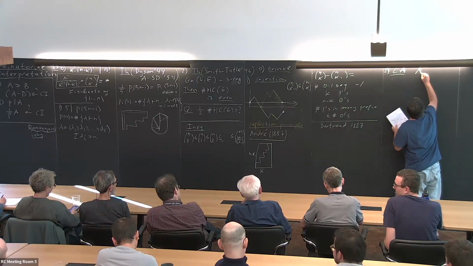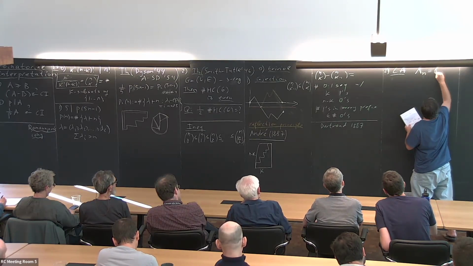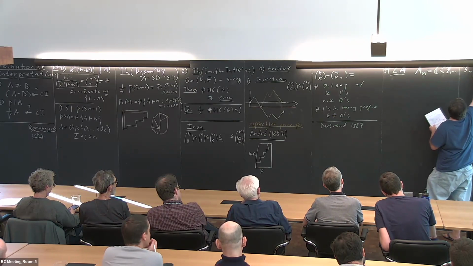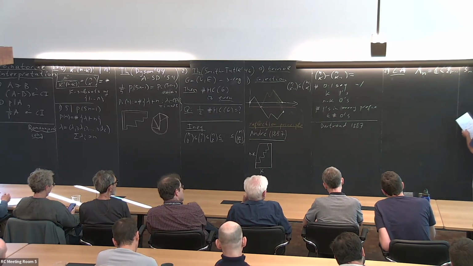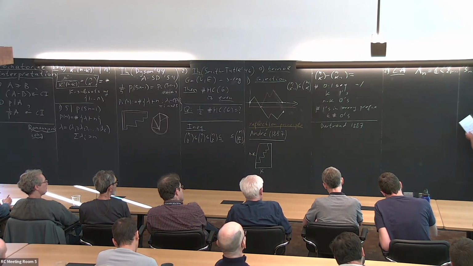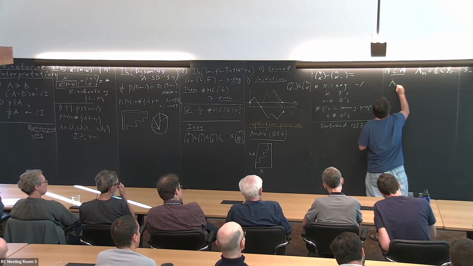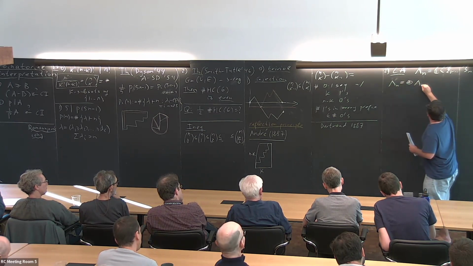So I'm gonna denote by lambda n the exterior algebra. So this is xi xj equal to minus xj xi for all i, j, and so lambda n is going to be graded.